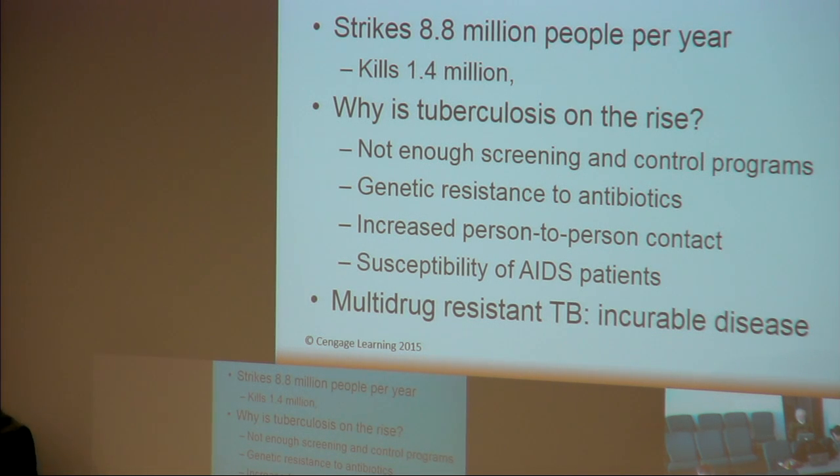You have a sneeze and a cough and you just think it's a regular cold or the regular flu. You don't think it could be something as extreme as tuberculosis. Again, we have these genetic resistant antibiotics. We have more people on the face of the earth, and with more people, we're in contact with each other more, so it's easier for it to spread.